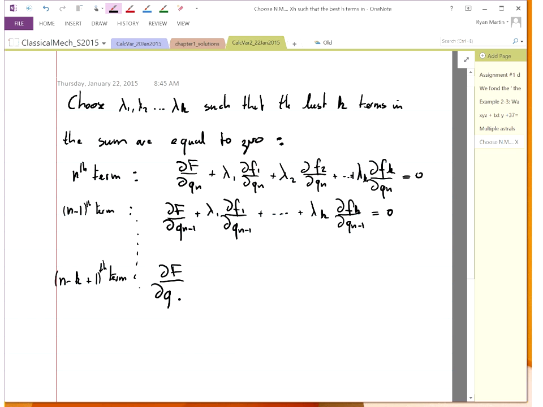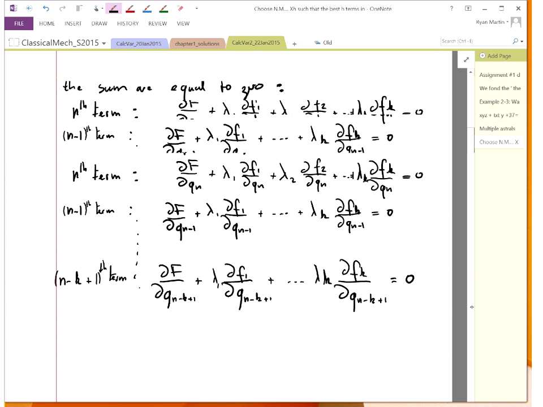That means ∂F/∂q(n−k+1) plus lambda 1 ∂f1/∂q(n−k+1) plus etc. lambda k ∂fk/∂q(n−k+1) equals 0. So that's the last k terms. The last k terms in the sum are all 0.